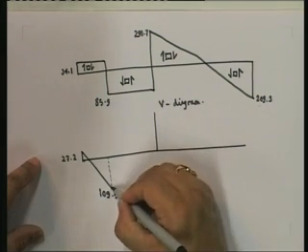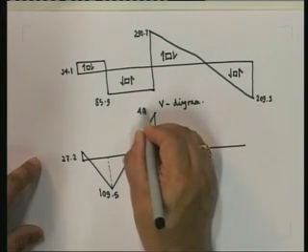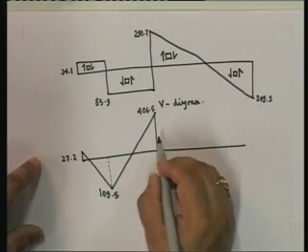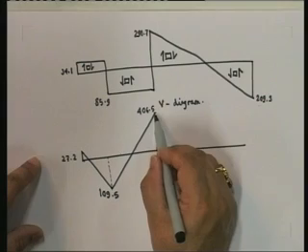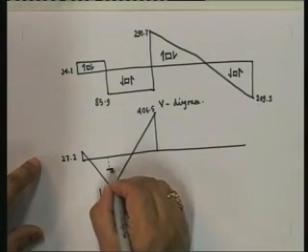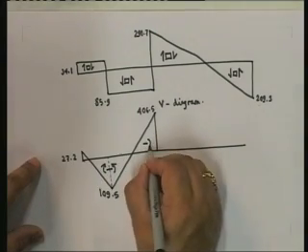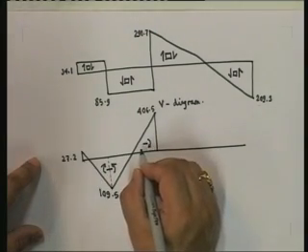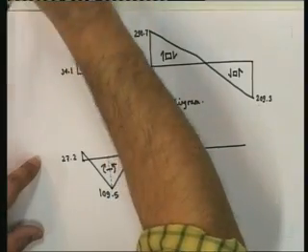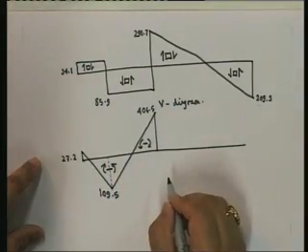at this point to 406.5. That is the bending moment at B, and note that this goes this way and this goes this way.